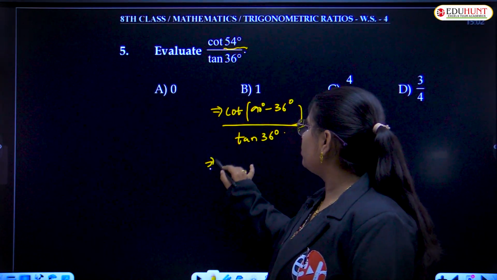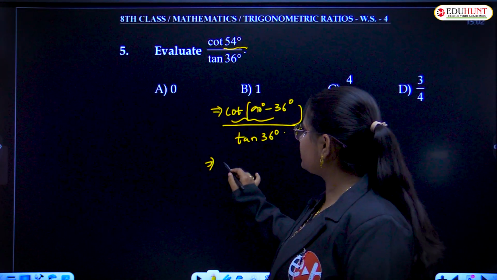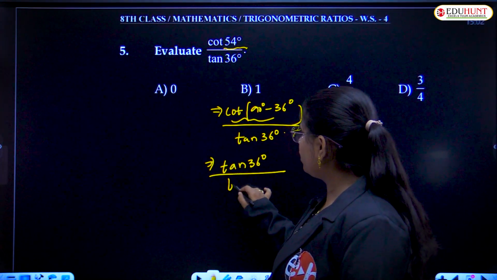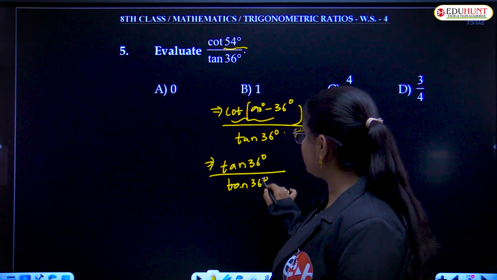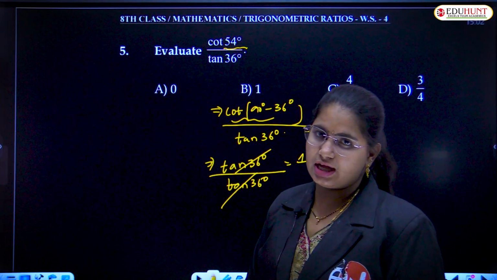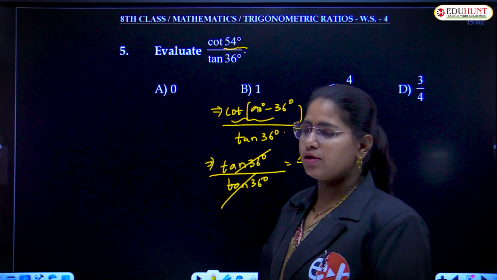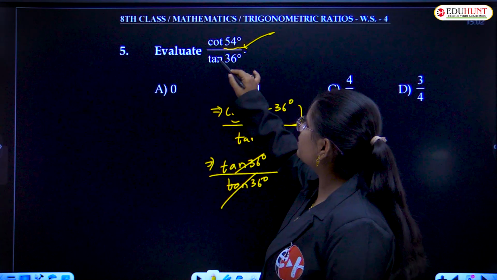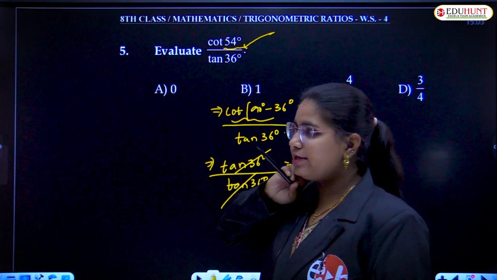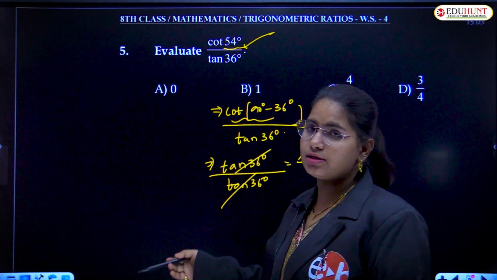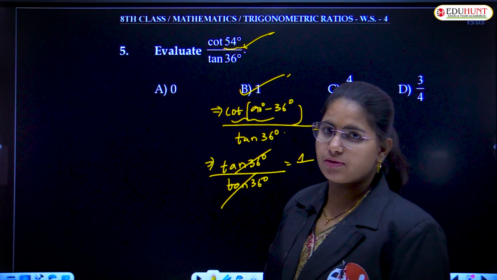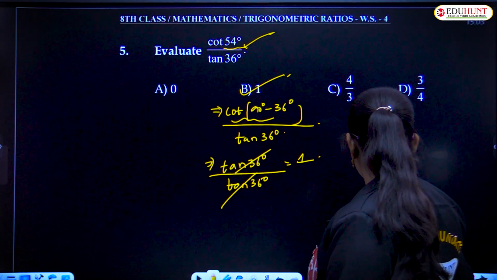So, as usual, cot 90 minus theta, cot changes to tan, and theta is 36 degree. Denominator remains tan 36. Tan 36 by tan 36, the answer is 1. Whenever you express this, tan's reciprocal function cot comes as a numerator. So it's option B. Let's get back to the next question.